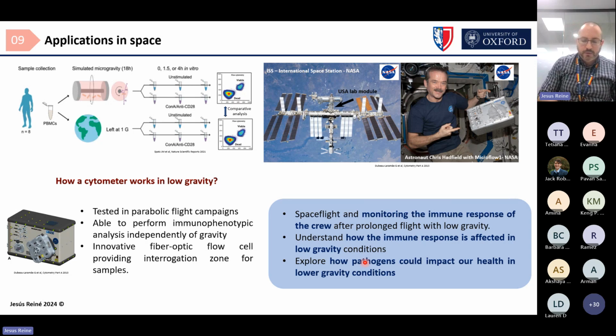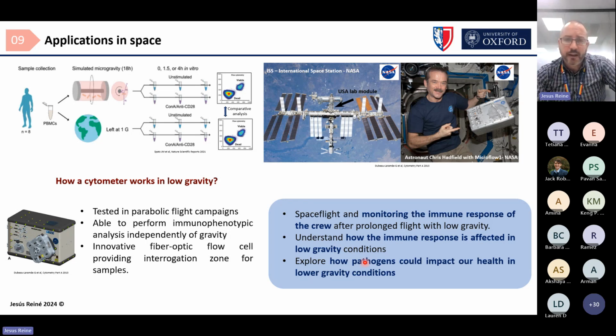So it's good to start to understand how potential new antigens, based on what we know, can have an impact in these conditions. Applications in space is something that starts now. I'm pretty sure that for most of you in the future it will be something more common than for us, and it's something that is starting to grow very, very fast.